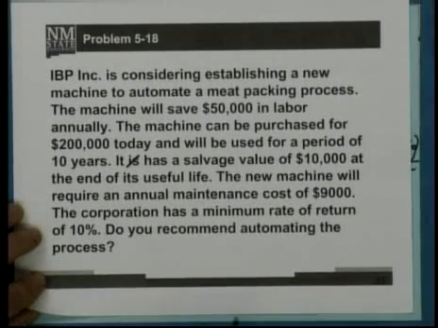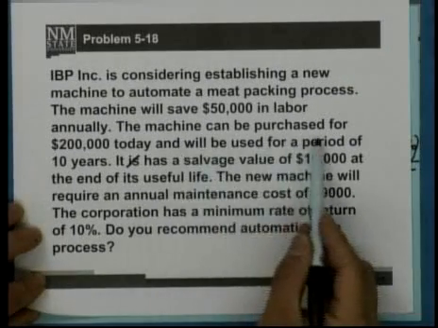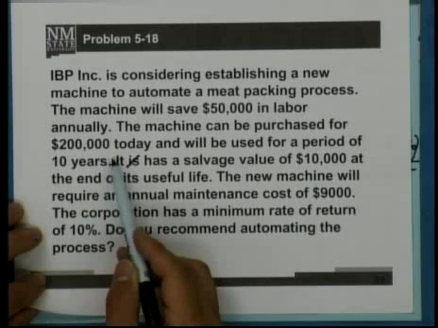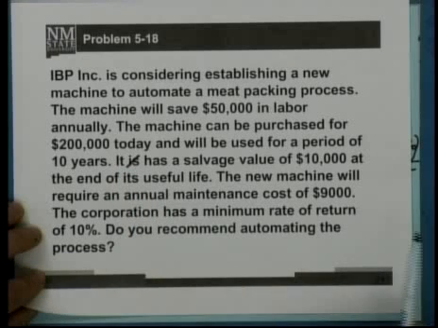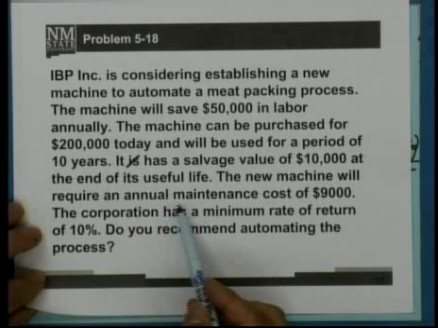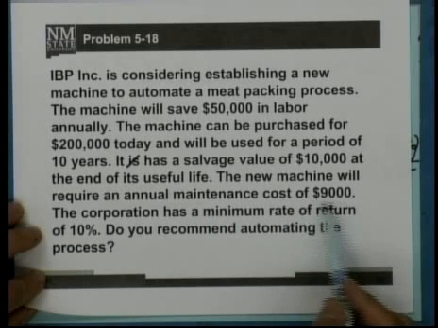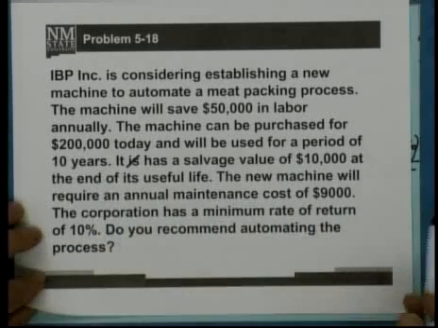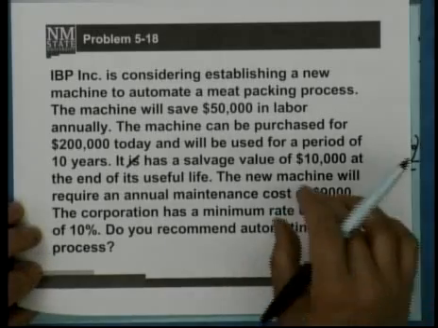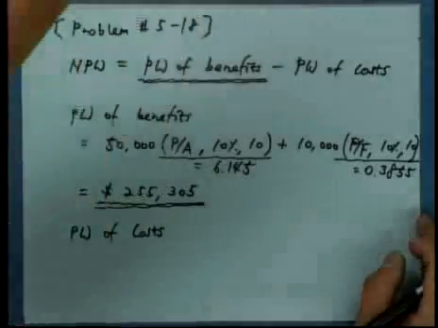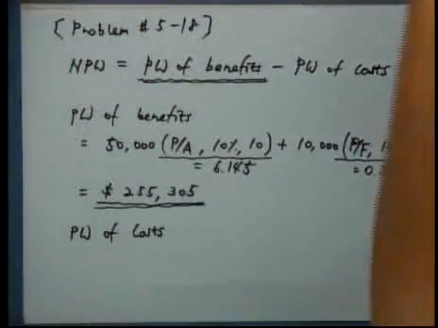So here, the new machine can be purchased for how much? $200,000 today. And it will require an annual maintenance cost of $9,000 for the next 10 years, right? So all of this is going to be the present worth of cost.